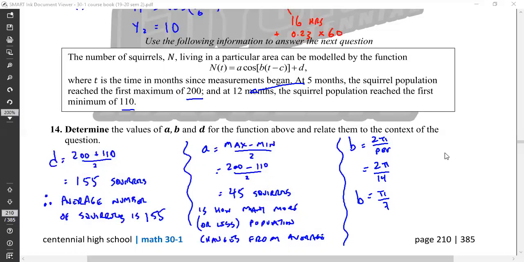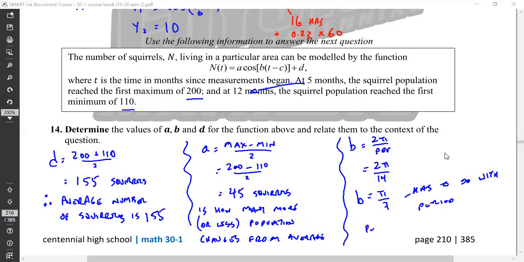What this has to do with in the context is how many cycles per month, essentially, that we're getting at. So it's pi over 7 cycles per month. This has to do with the period.